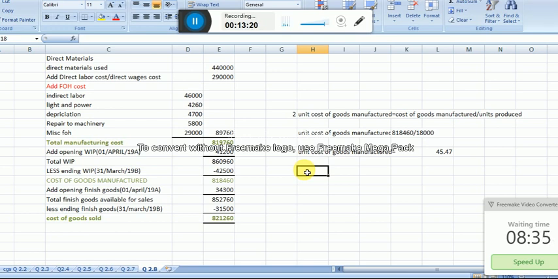So the 18,000 units cost us 8,18,460, and we divided it by 18,000. When we divided it, the unit cost came to $45.47. Clear? Okay.